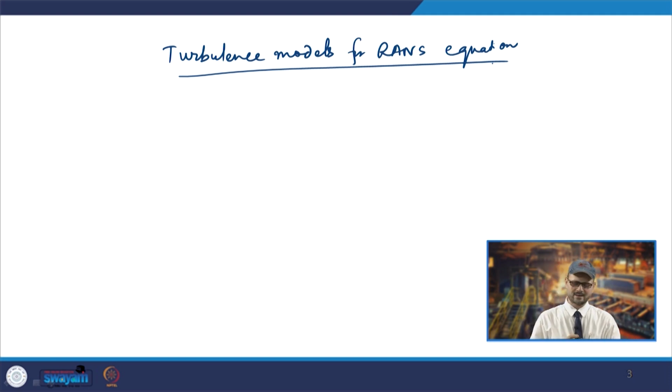In this case, these extra terms which appear, which we have seen in the earlier lecture, need to be modeled, and they will be modeled with the classical turbulence models. One of them is the K epsilon turbulence model, and there is also the Reynolds Stress model.